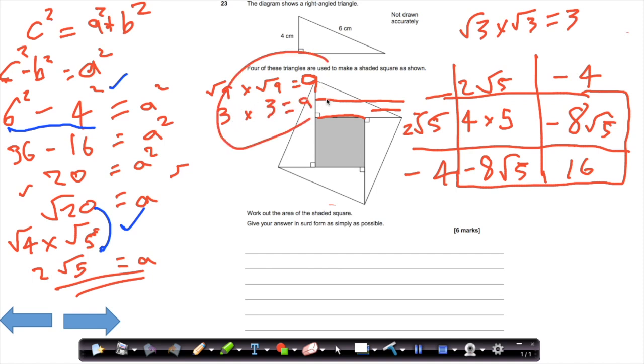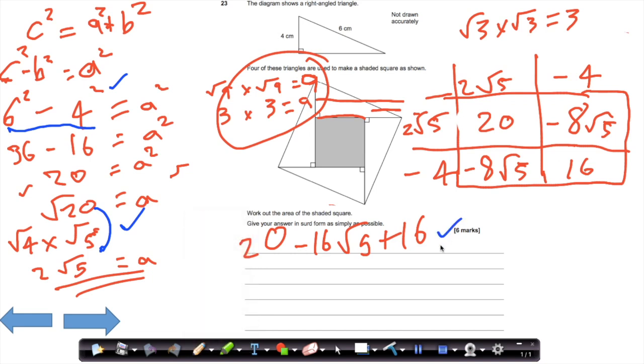By this same logic, root 5 times root 5 will give you 5, so therefore 4 times 5, 20. So if we wrote out 20 minus 16 root 5 plus 16, there's your next mark.